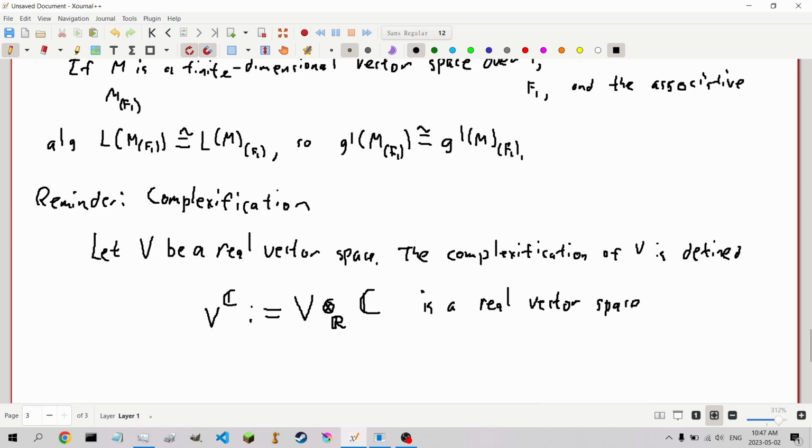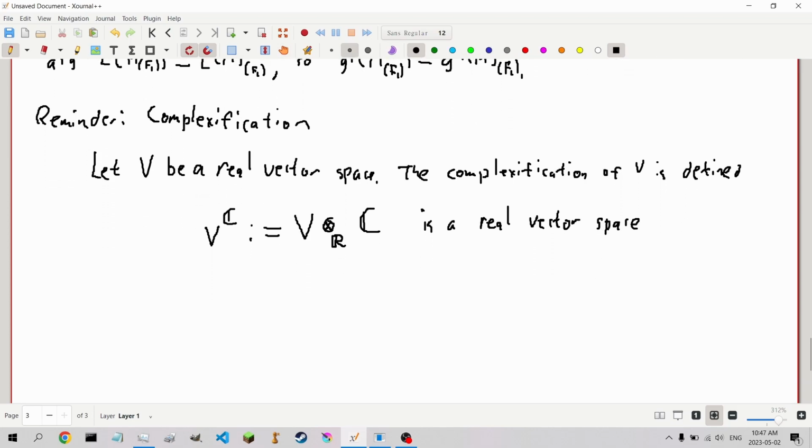Because keep in mind that what the real tensor product means is that the scalar multiplication you get with the tensor product currently is only defined over the real numbers. And so we have to define complex scalar multiplication.